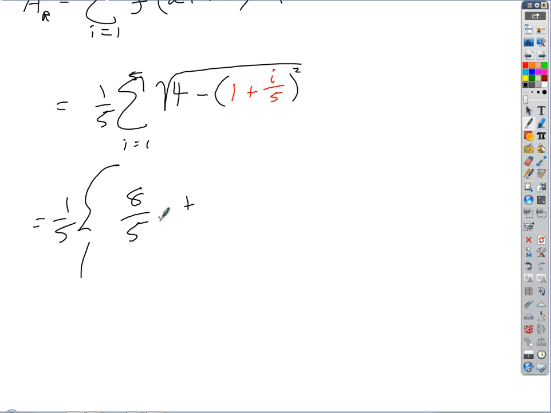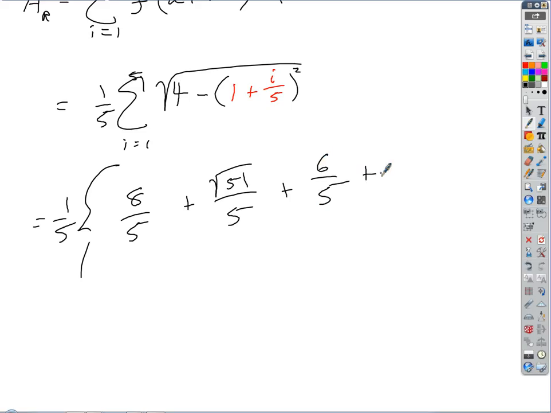So now we've got 1 plus 2/5 is 7/5. 49, so 51. Good. So then we've got the square root of 51 over 5, right? Okay, plus 3, so that's going to be 8/5, so 64, so that's 36, so that's going to be 6/5.